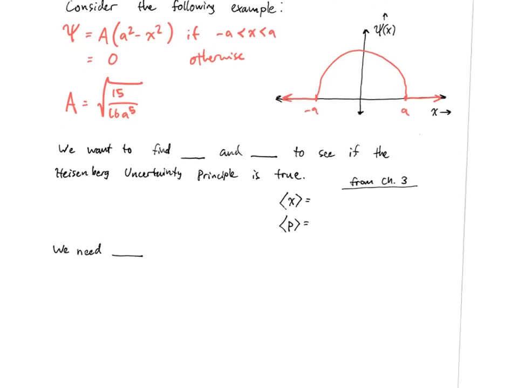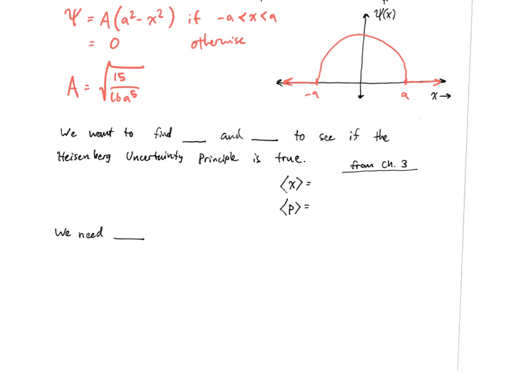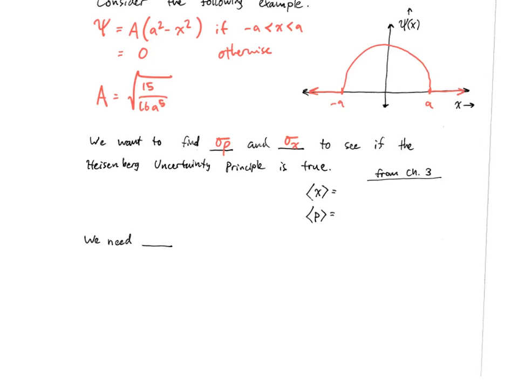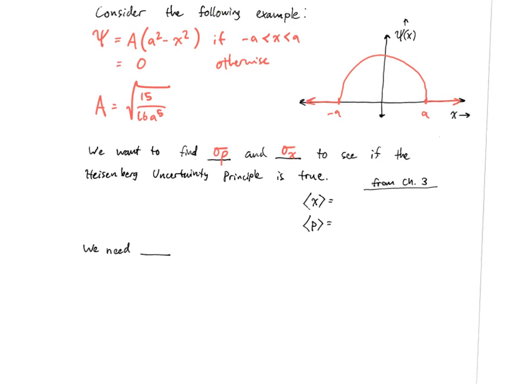Okay, so in order to verify the Heisenberg uncertainty principle, we need to find the standard deviation of momentum and the standard deviation of position to see if the Heisenberg uncertainty principle is true. And remember that the Heisenberg uncertainty principle says that the standard deviation of momentum times the standard deviation of position is greater than or equal to h bar over 2.